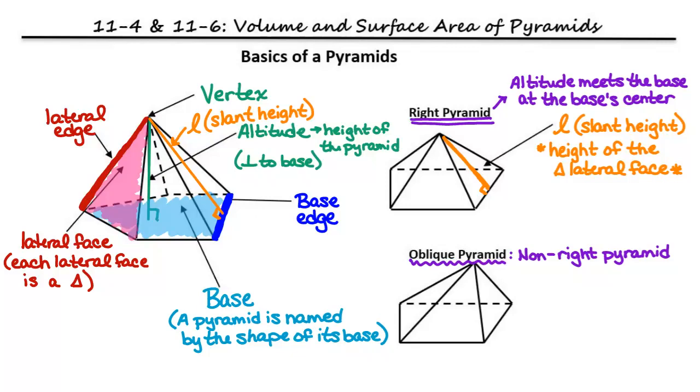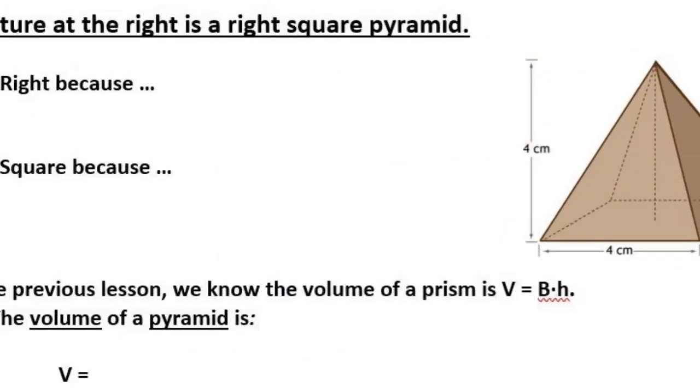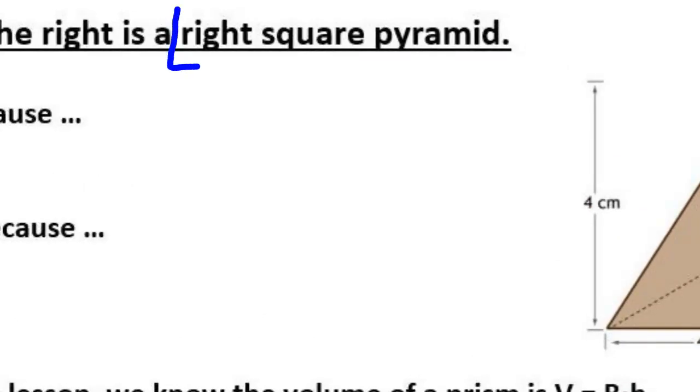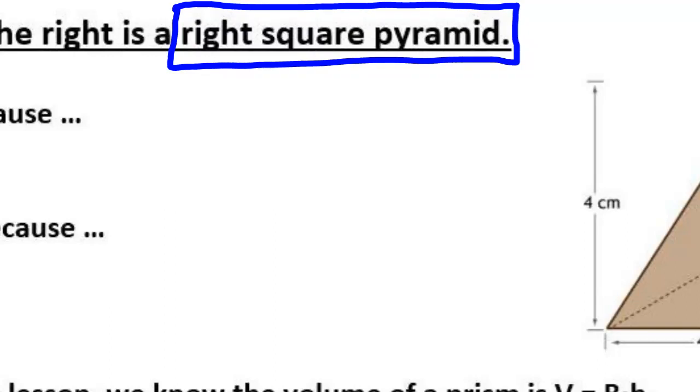I want to look at the middle of the page here. Right in the middle of the page, we have a right square pyramid. What does that word right tell me? We just wrote it down up above. What does it mean for it to be a right pyramid?